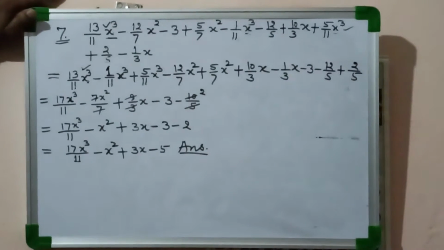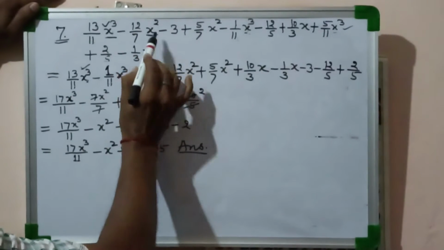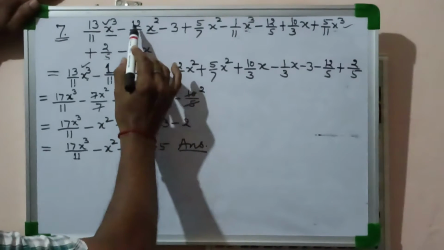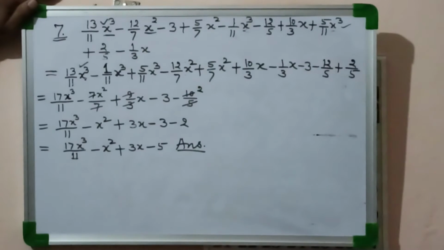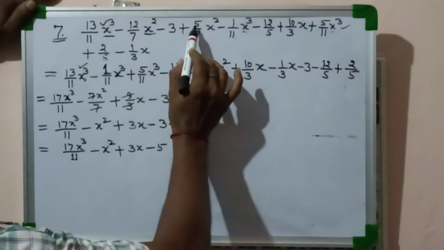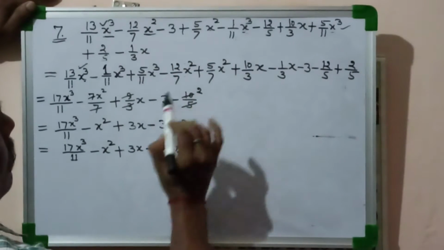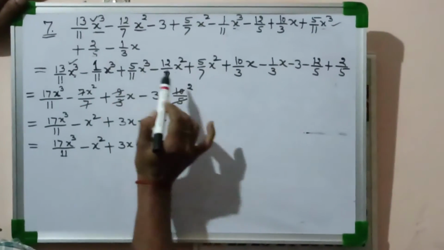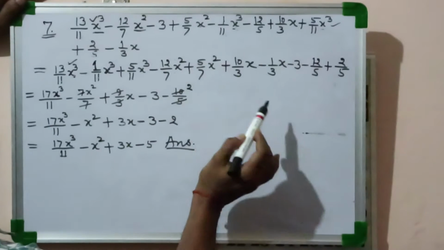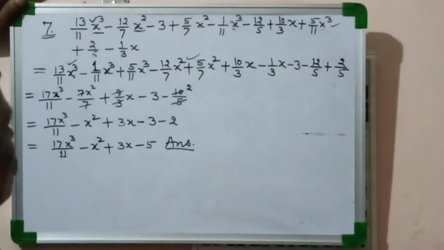Now you take the coefficient of x square. That is minus 12 by 7 x square, again plus 5 by 7 x square. The coefficients of x square are these two only.